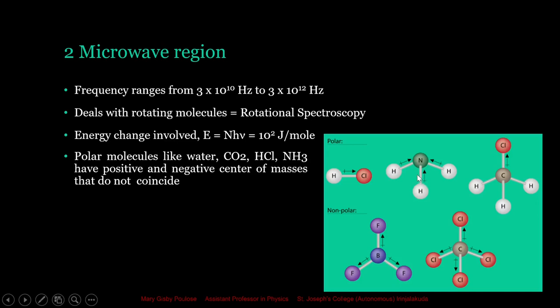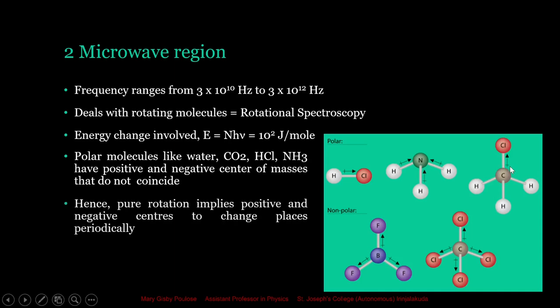The positive center will be along here, negative center will be here. Again, in the CH3Cl molecule, the hydrogens have the positive center nearer to this region, whereas chlorine will have the negative center nearer to this region. So these positive and negative centers are not coinciding, they are separated, hence they form dipoles.